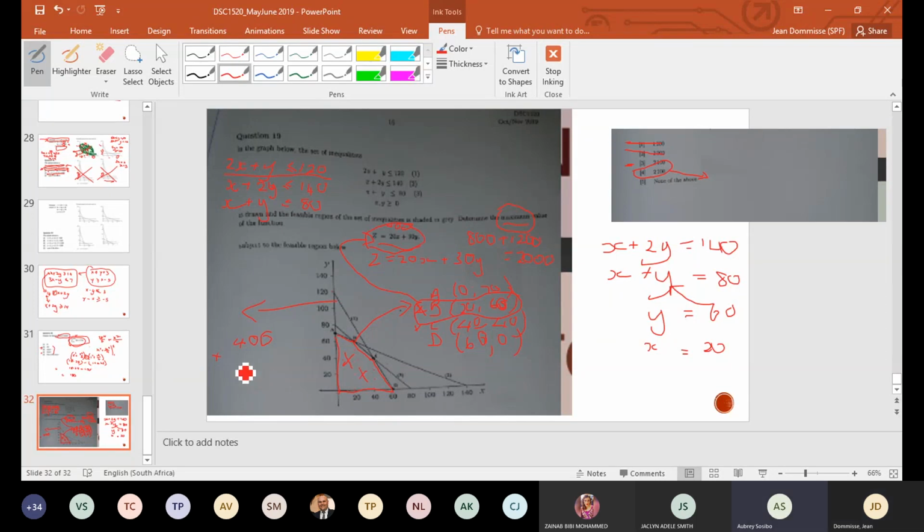So I substitute these coordinates in the z equation, and then I will get my maximum profit. Precisely. Is this the same with minimizing, just that the z in minimizing the coordinate will be for minimum? 100%. Exactly.